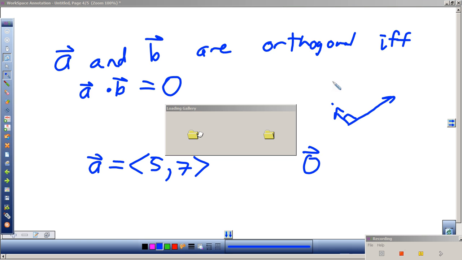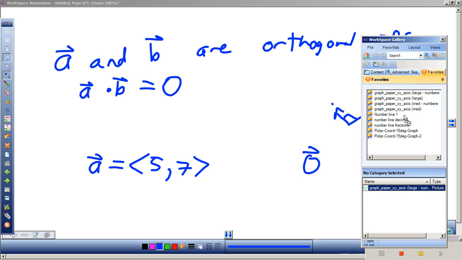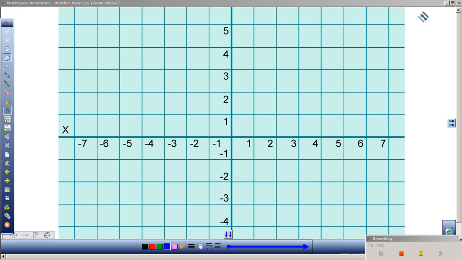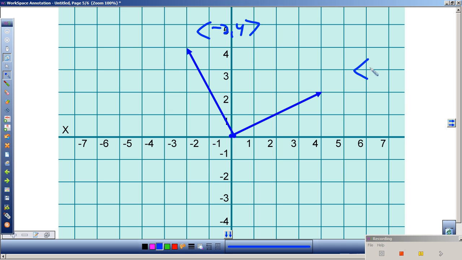So let's look at a graph and come up with two vectors that are definitely orthogonal and test them. So what is a vector orthogonal to this? Negative 2, 4. Okay, so our two vectors, we had negative 2, 4, and 4, 2. So negative 2 times 4 is negative 8. 4 times 2 is 8.